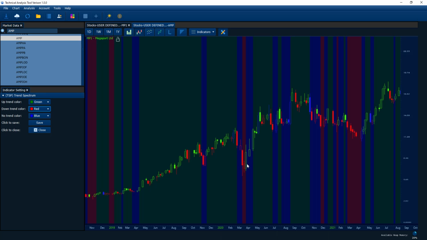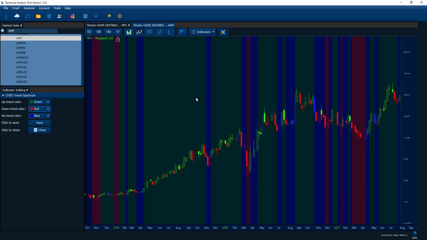Even in the uptrend, you can see some red color appear, which in a short period of these 3 weeks means this particular security almost turned into a downtrend, but it reverts itself back. As you can see, the color turns back to green.